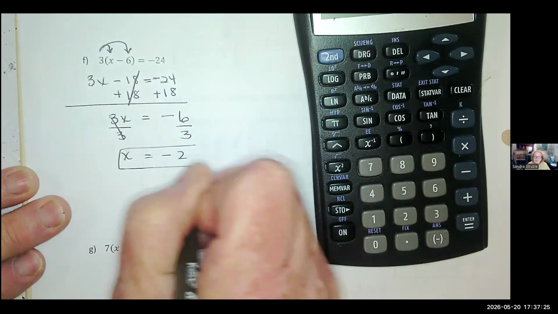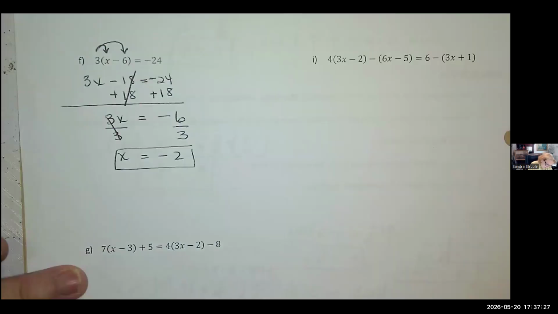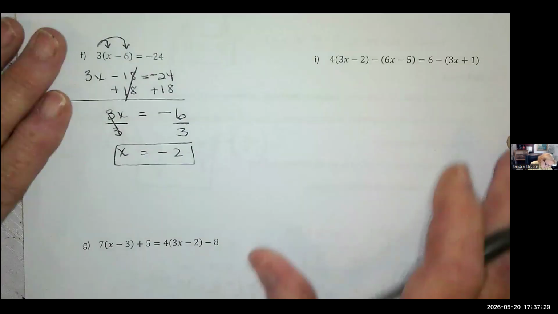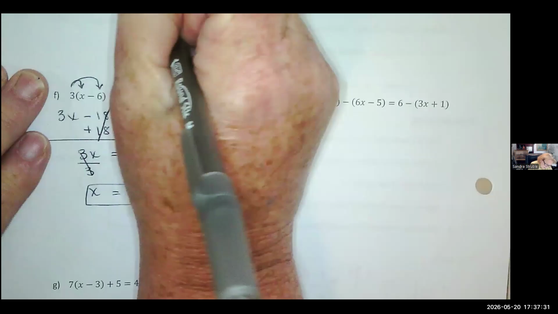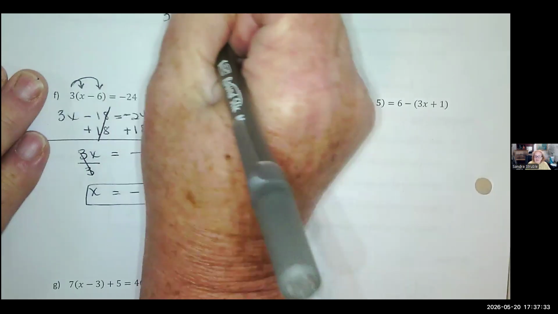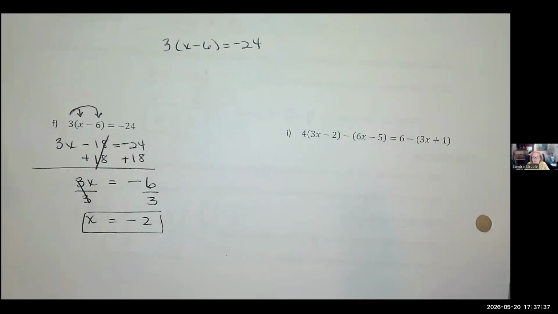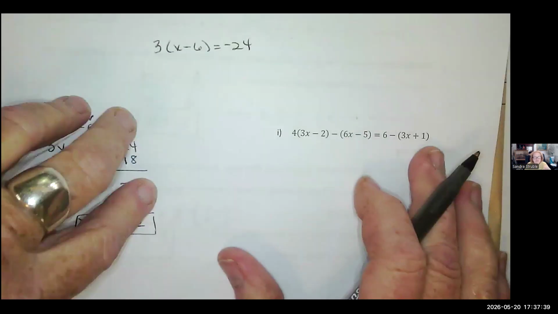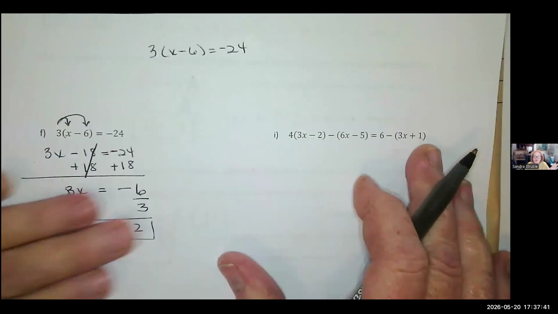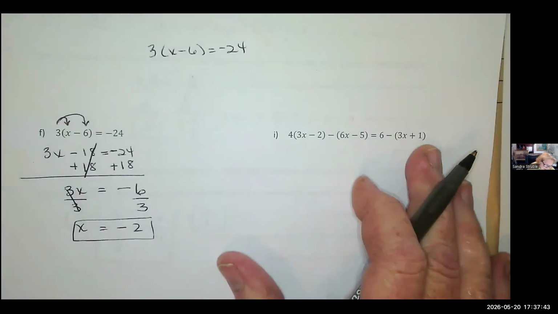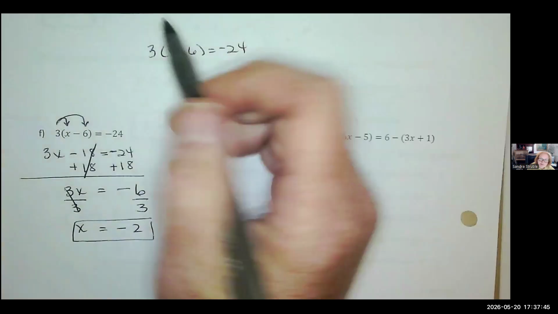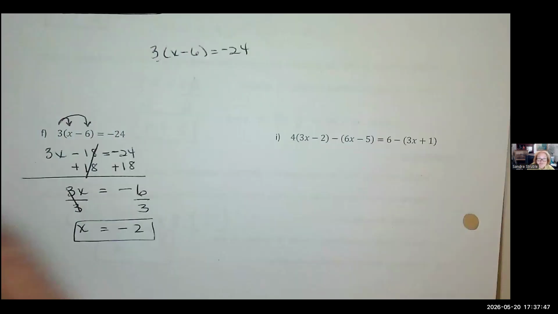I want to show you the other method. I'll come up here. 3x minus 6 equals negative 24. Now, this method you can't use all the time. You're going to do this more often than not. So if you understand this, fantastic. Just sit back and watch what I do. I see that this 3 is multiplied to this. What's the opposite of multiplication? Division.